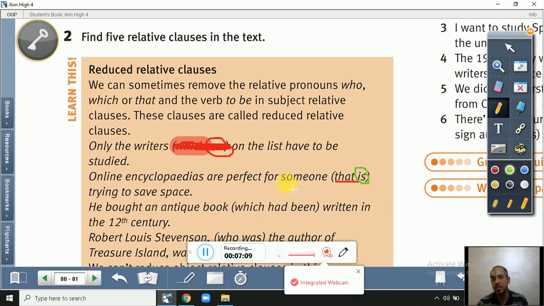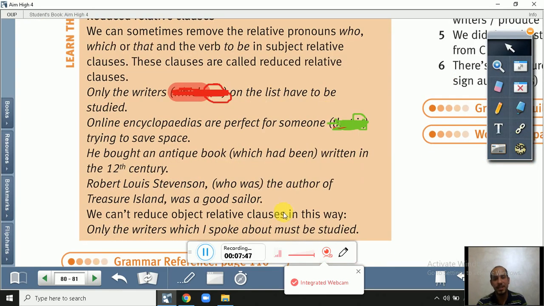So someone is the subject and space is the object. So two conditions are here: the relative pronoun is combined with verb to be, and it relates to the subject. So I can delete it, omit it, remove it, and I can say: online encyclopedias are perfect for someone trying to save spaces. If you read the sentence, you will find it the same.